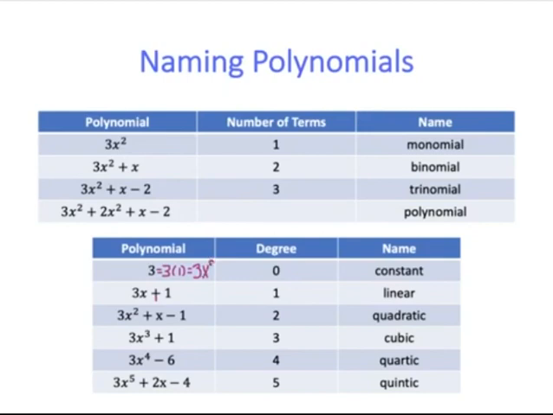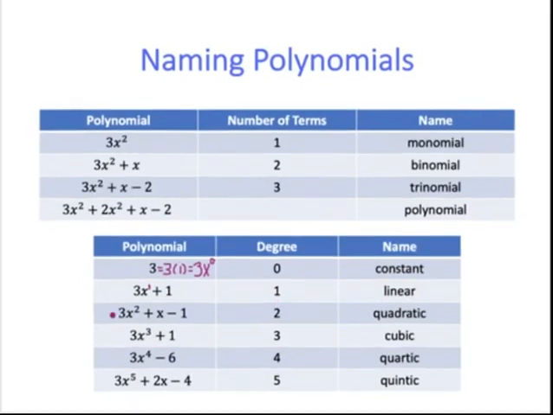We just don't ever write the x to the 0. So you can see here that the degree is 0. And the name for that is a constant polynomial. On the next one, we have an understood 1 as our degree here above the x. So this one is a first degree polynomial, which is called linear, a linear polynomial.